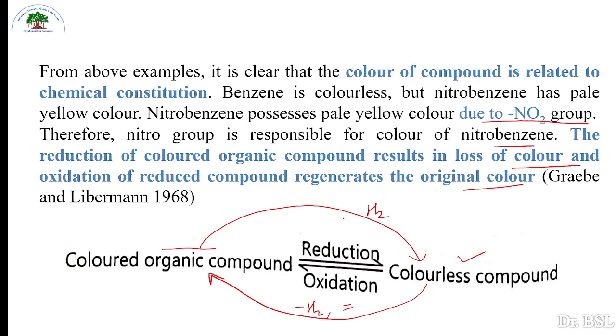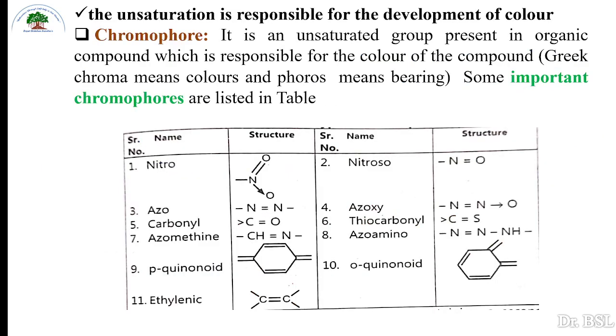So reduction makes it colorless, and oxidation makes it colored. The unsaturation is responsible for development of color. Remember, unsaturation is responsible for development of color.